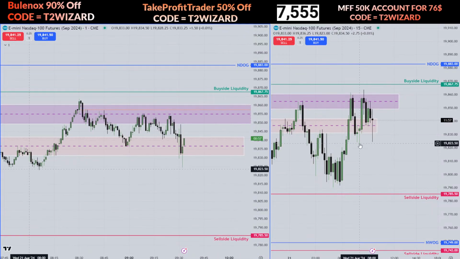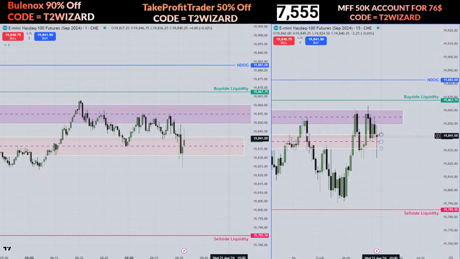That is my expectation. And as you can see, this is the gap from the 15-minute chart, the last fair value gap and the entry fair value gap here on my 15-minute chart. The market has traded both the last fair value gap and the entry fair value gap. Can it go higher? That is my first expectation.